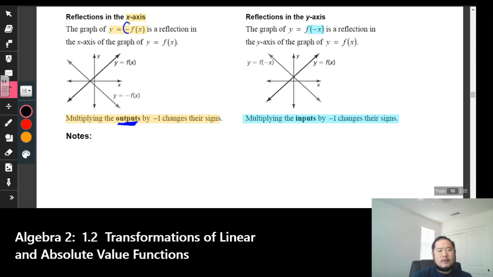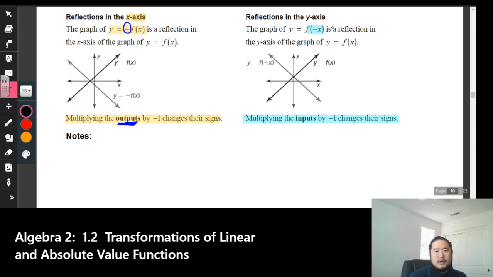Meaning, whatever our function is, if there's a negative in front of it, then you'll take the graph and you will reflect it across the x-axis. All right, so you can see in bold or in black right here, that is the original function. When you take the reflection of it, it impacts the whole entire function, and then you'll see that it flips it across the x-axis right here.